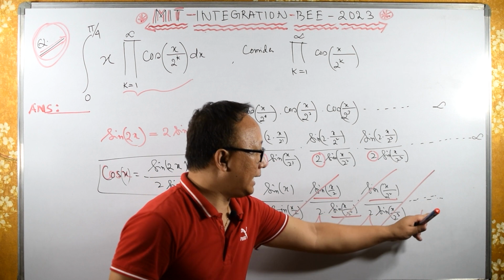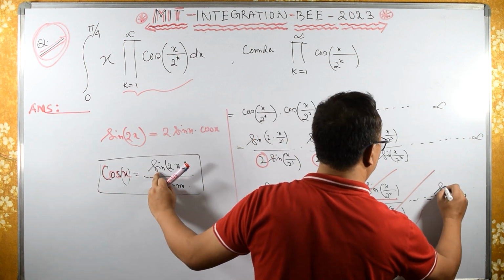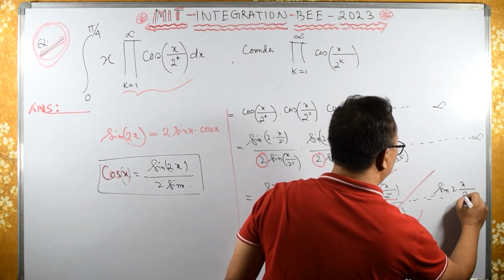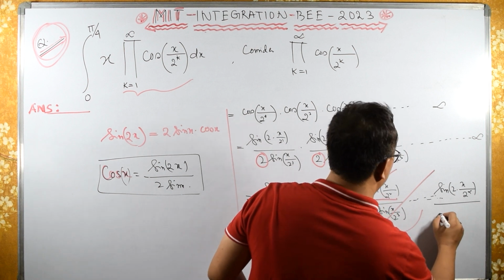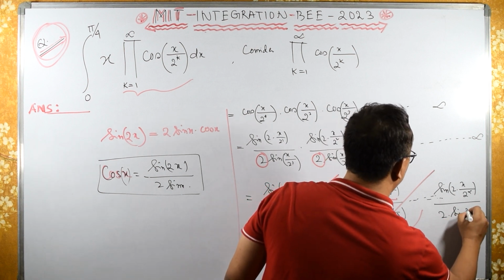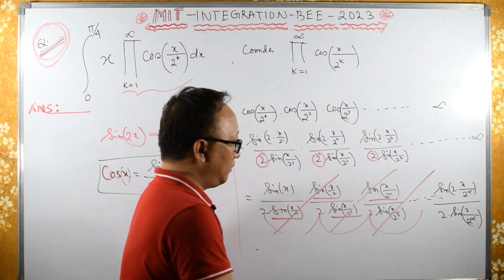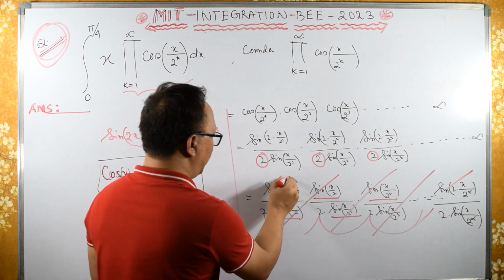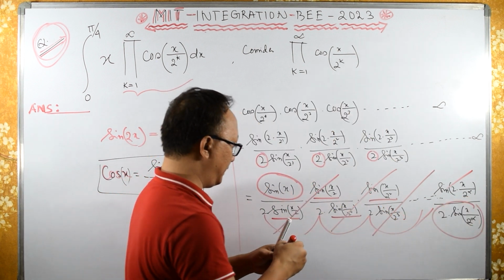Now if I want to write the last term, I will get sine of x upon 2 raised to infinity upon 2 into sine of x upon 2 raised to infinity. The remaining terms will be this term and this term, right?